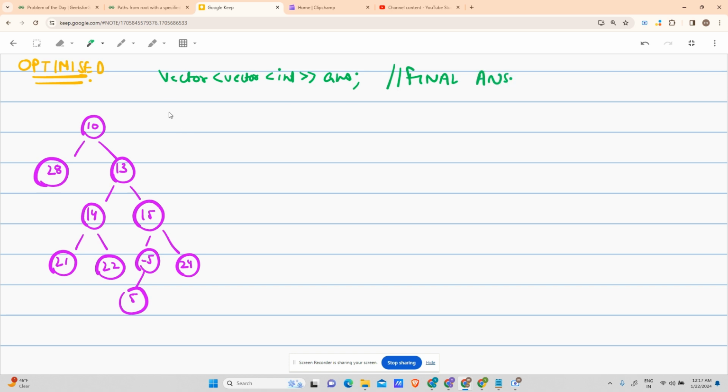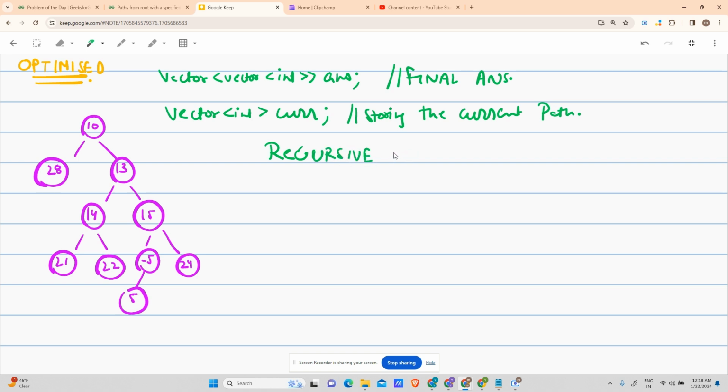Now make another vector of int, name it current, which would be storing the current path, and then do recursive calls. This is your biggest hint up to now, that you have to use recursion.